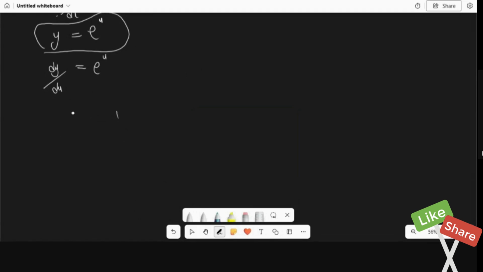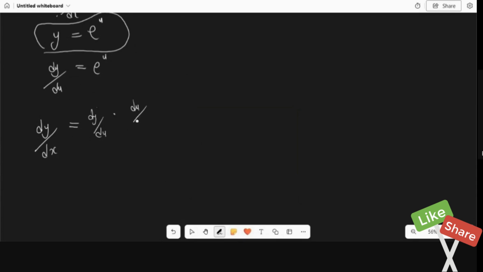So let's continue. Now we know that we can find the derivative. We're looking for dy over dx, which is equal to what? What are the two things we had? We found dy over du times du over dx.